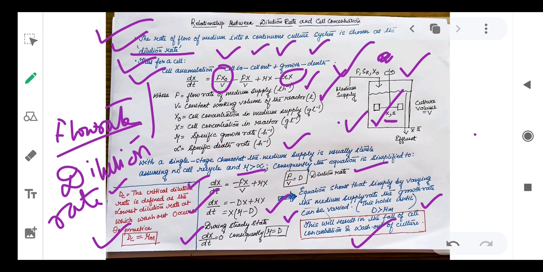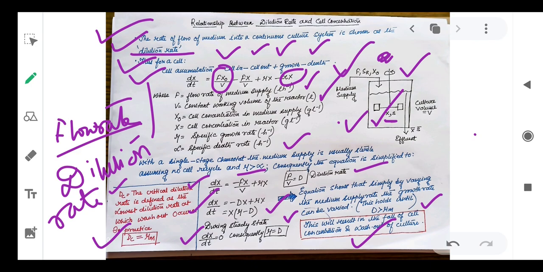That is why they say that at the critical dilution rate, the lowest dilution rate, if you see washout, that means there is a maximum growth rate in the vessel. So the critical dilution rate is equal to your maximum growth rate. This is the relationship between dilution rate and cell concentration.